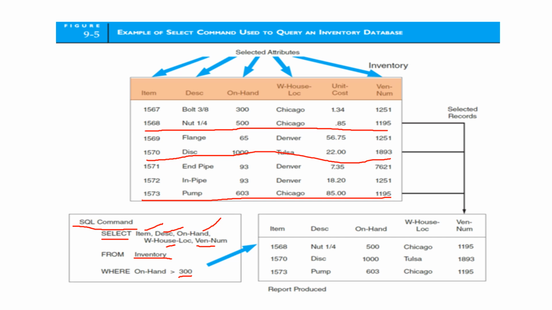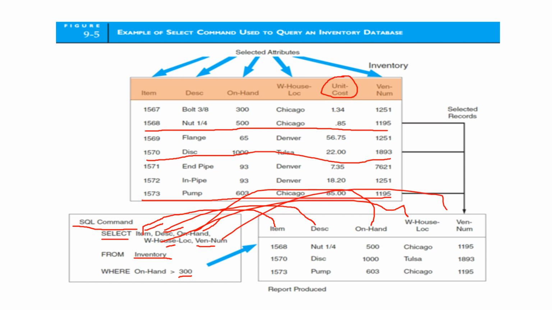And if you notice here, we have not included the unit cost. Why? Because it's not part of the select. Only the item, description, on hand, warehouse location, and vendor number. That is how the database query language is processed, the manipulation and selection.